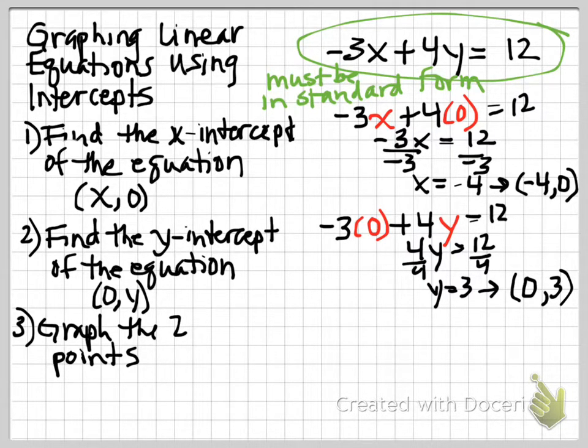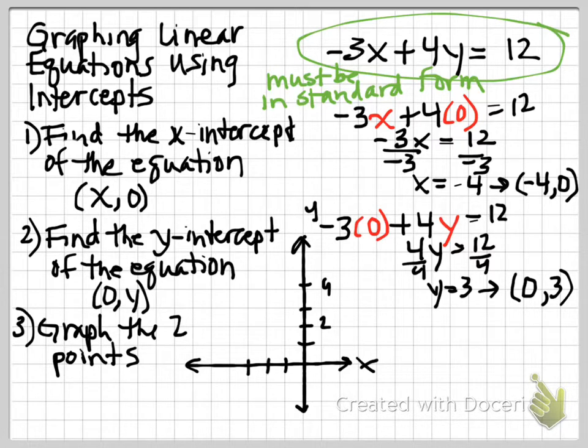So I am going to do a little graph here. This is kind of an interesting one. I need to go up 1, 2, 3, 4. So my 2 points were at 0, 3.